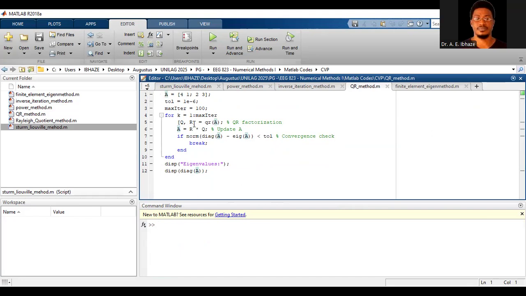So we have the orthogonal matrix and the upper triangular matrix R. And with that system of equations, we are able to resolve the diagonal matrix, which contains all the eigenvalues. And once we plot this, then we have all the eigenvalues returned in this process. So whenever we want to estimate the entire eigenvalues of the system, then the QR method becomes the choice.